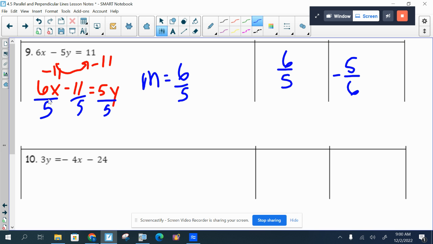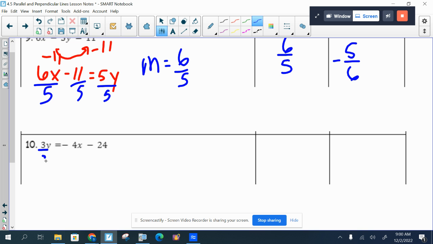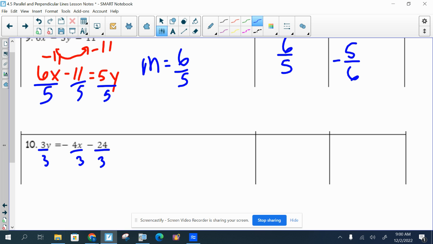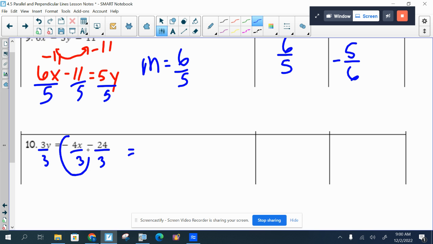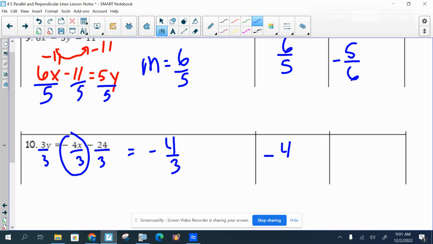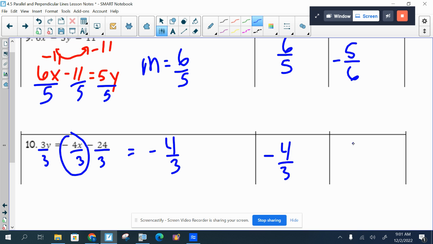Okay, number 10, all we need to do is divide everything by 3. So once again, you don't need to rewrite the whole equation. All you need to do is figure out the slope. So here it would be negative 4/3. So same slope, and then opposite reciprocal, positive 3/4.